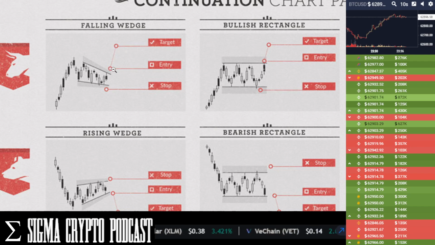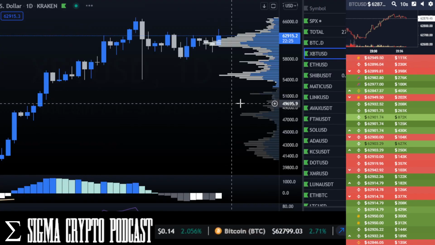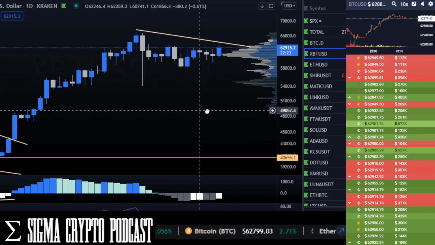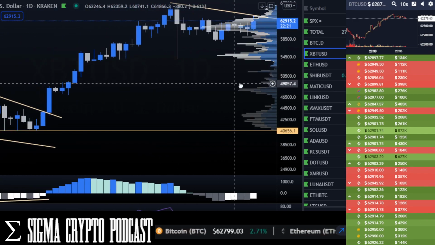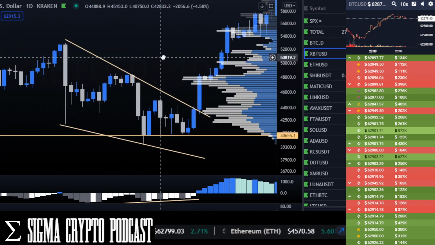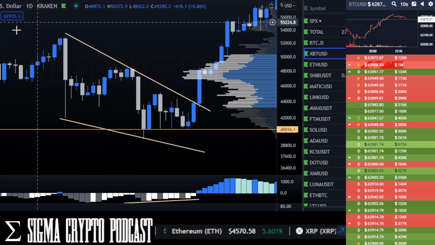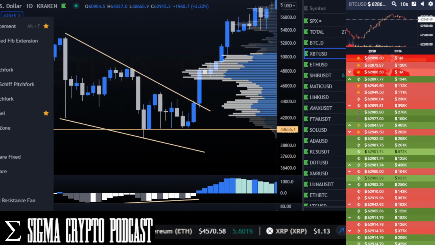Well, you build it based on the measured move of the widest part of that wedge. Let's use our 40K. This is a perfect example of how you measure the move for a target.